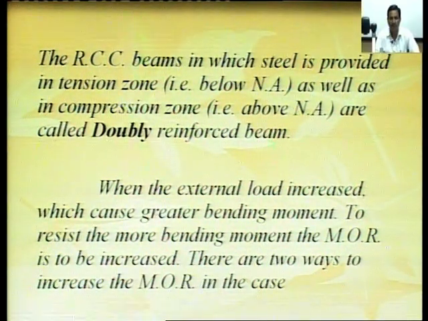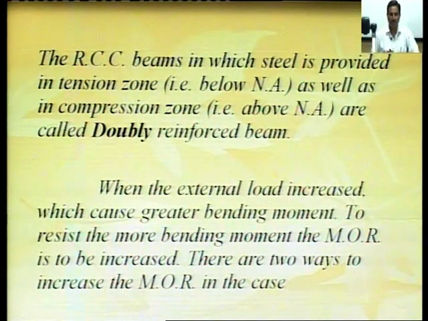The RCC beam in which steel is provided in the tension zone, that is below the neutral axis, as well as in the compression zone, that is above the neutral axis, is called a doubly reinforced beam.